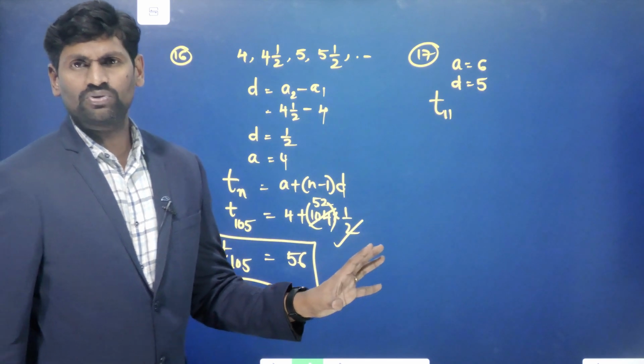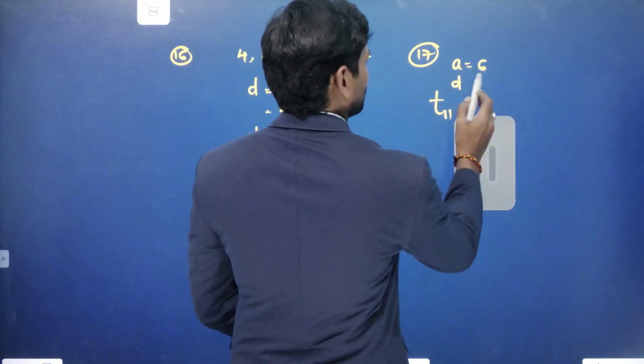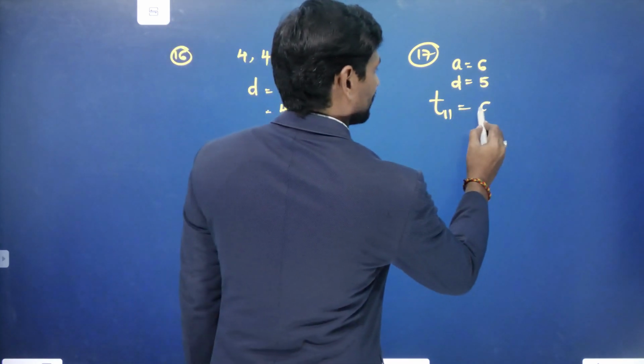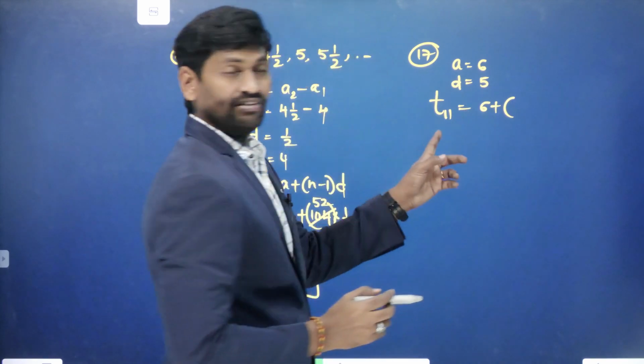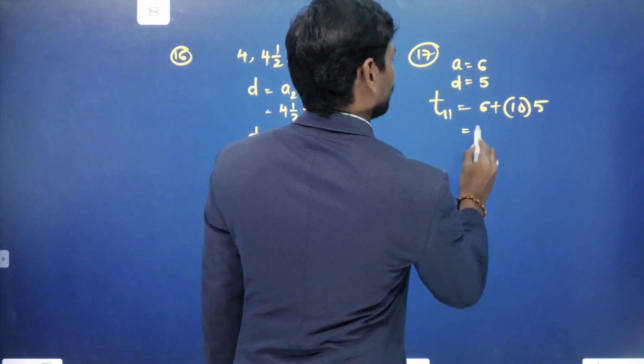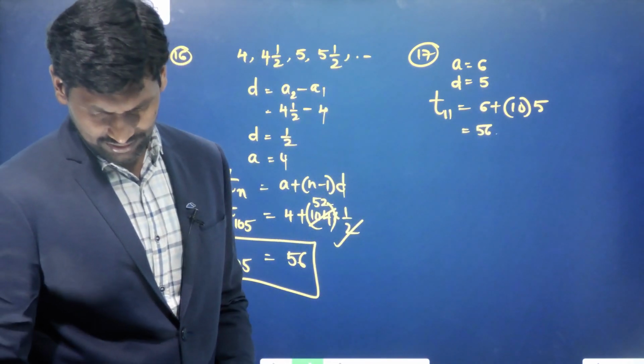Same Tn formula we are using. 11th term, so formula a plus n minus 1 into d. Substituting the values, a value 6, n value 11, 11 minus 1 is 10. So 10 5s are 50, 50 plus 6 is 56. Both are the same answers here.